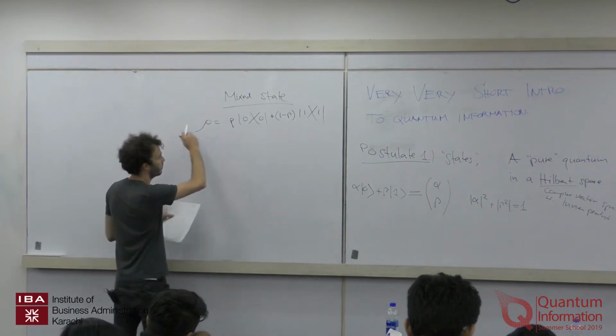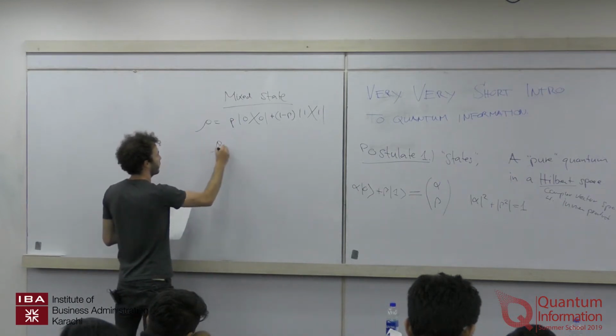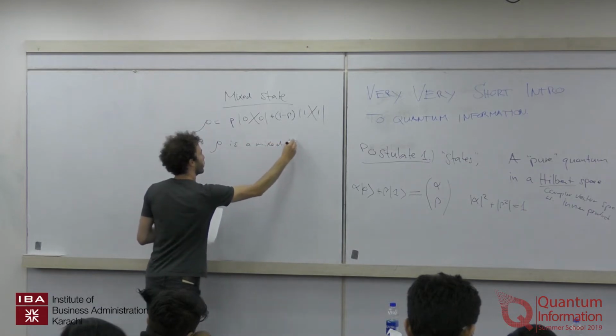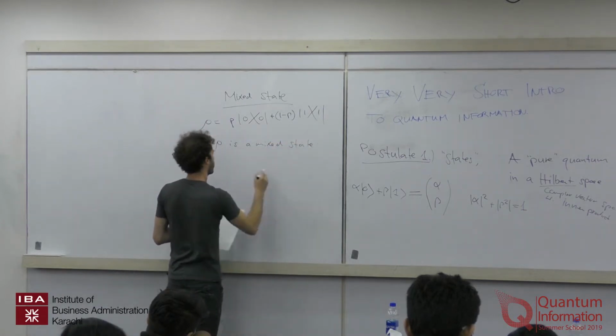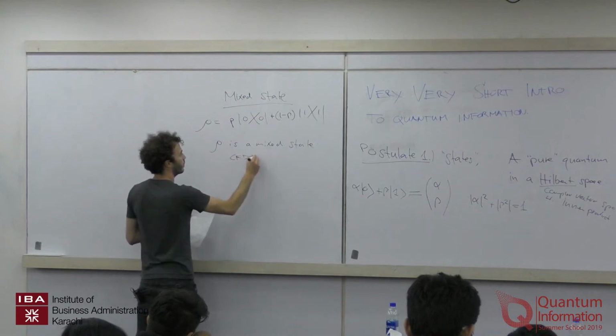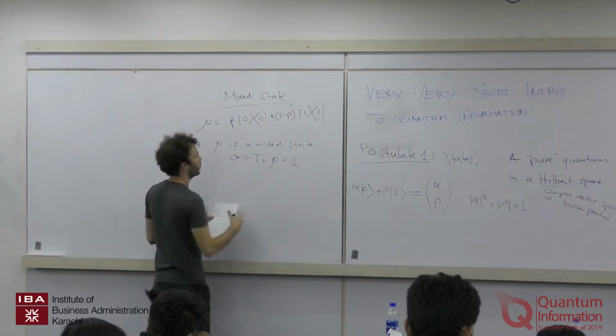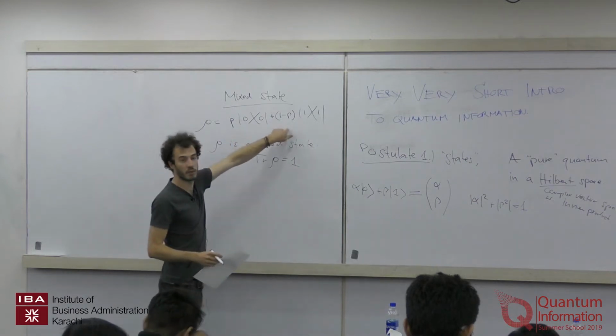And you can show that mixed states are valid if and only if the trace is 1. So this reflects the fact that the probabilities sum up to 1.